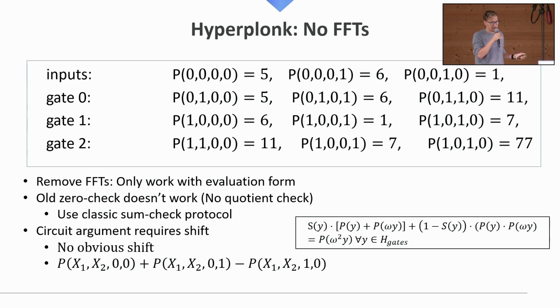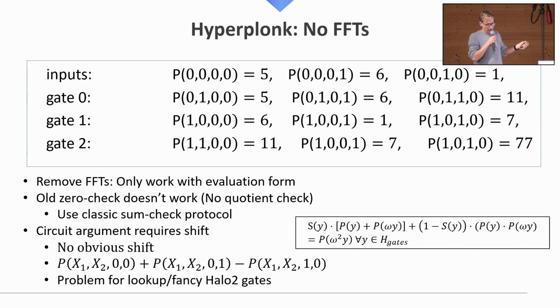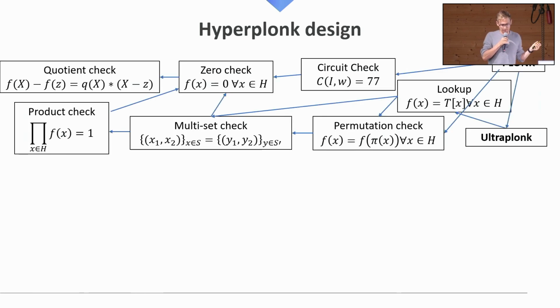And we can use exactly this fact to access the right constraints. Still, though, this lack of shift is a problem for lookup and fancy Halo 2 gates. And we also have a way of implementing such a shift. I might get to it later.